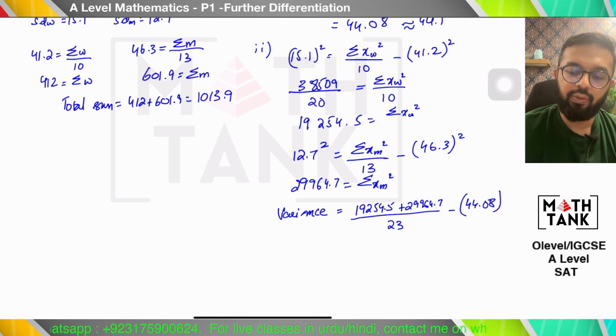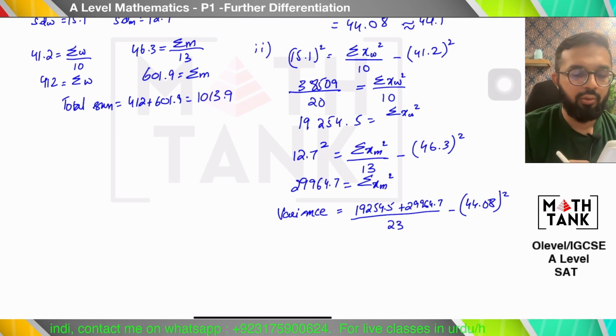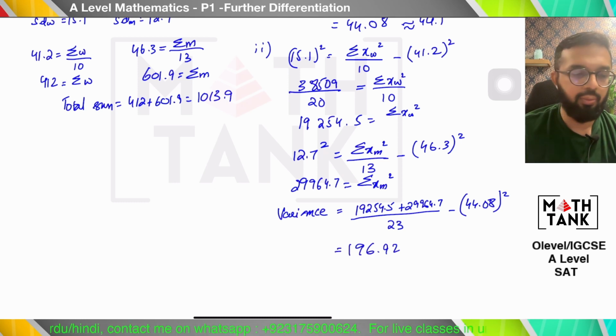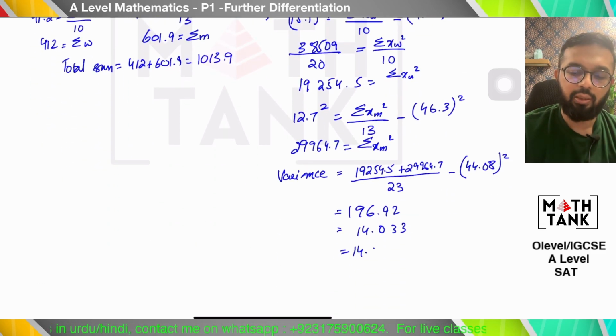So 44.08 squared. Okay, so I'm getting 196.92. I'll take a root. That gives me 14.033. Yeah, 14.0 is your correct answer for standard deviation.